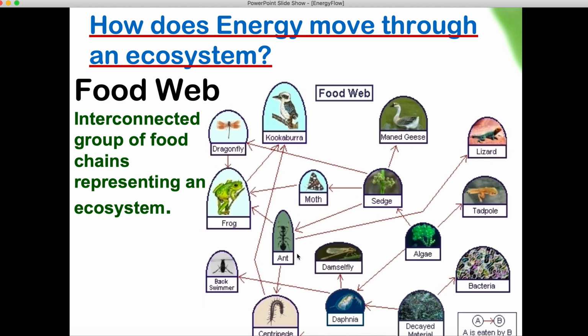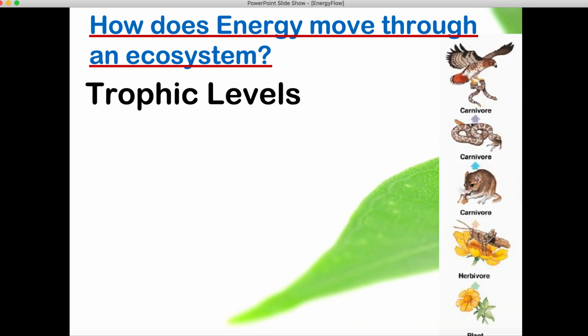For example, if I look at the algae, what all eats the algae? Well, we have the Daphnia, we have the sedge, we have the tadpole. And if you look at the sedge, it is eaten by other animals: the geese, the dragonfly, the moth, the ant, etc. And then the moth is eaten by the frog. The frog also eats the dragonfly. So this just shows the interconnected multiple food chains that are out there.